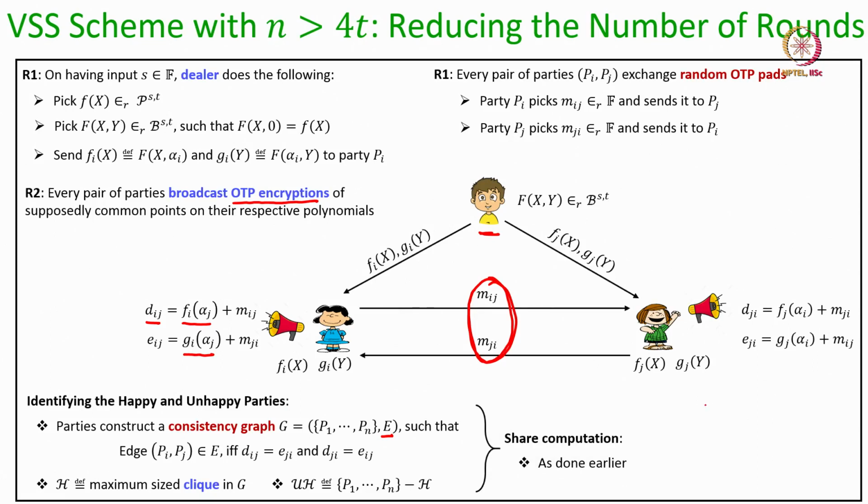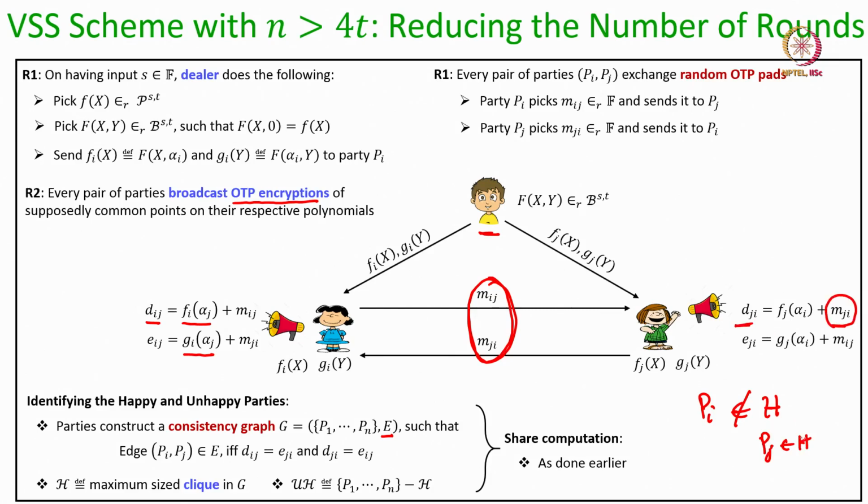Similarly, if there is a party pi who is not part of the happy set, then it needs to find out the common values on its column polynomial which it would have received from the parties in the happy set. Each party pj in the happy set would have made public the value dji, and mji would have been received by pi.